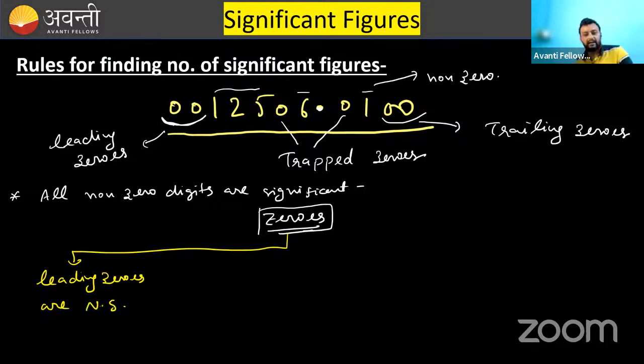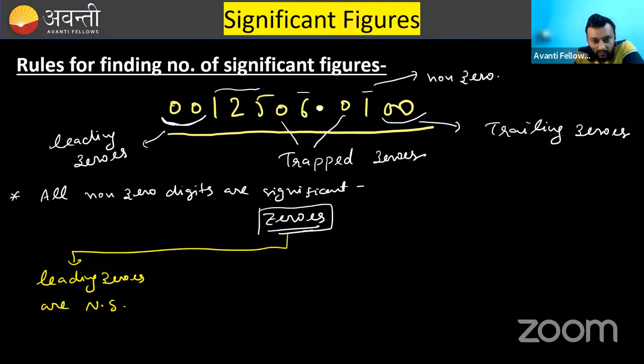Is my handwriting, can you understand my handwriting here? I am writing very quickly actually. So the statement is leading zeros are non-significant. Okay. That means in this number, you can see that these are the leading zeros, and these leading zeros are always non-significant. They will not be counted.